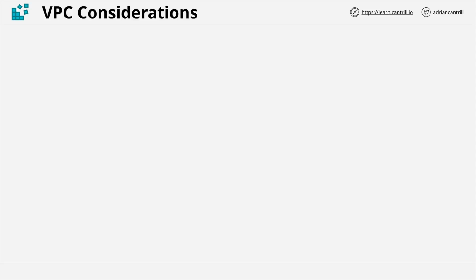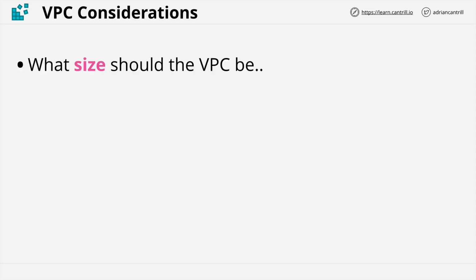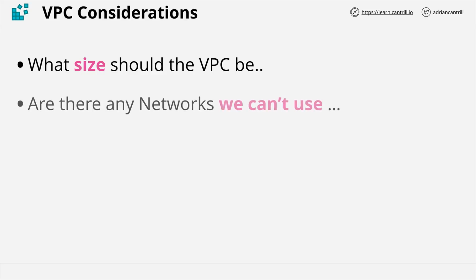Now, when you start this design process, there are a few things that you need to keep in mind. First, what size should the VPC be? This influences how many services can fit into that VPC. Each service has one or more IPs and they occupy the space inside a VPC. Secondly, you need to consider other networks that you'll use or that you'll need to interact with.